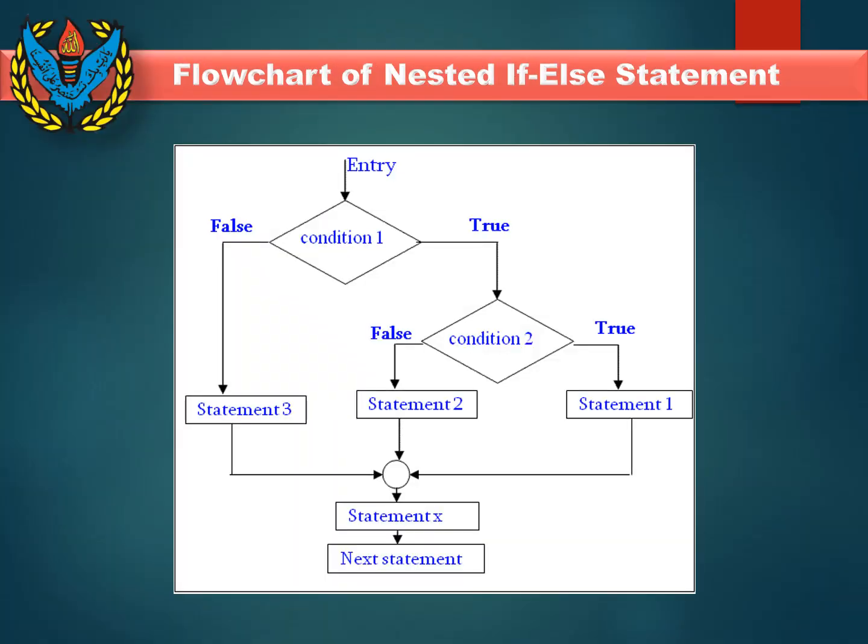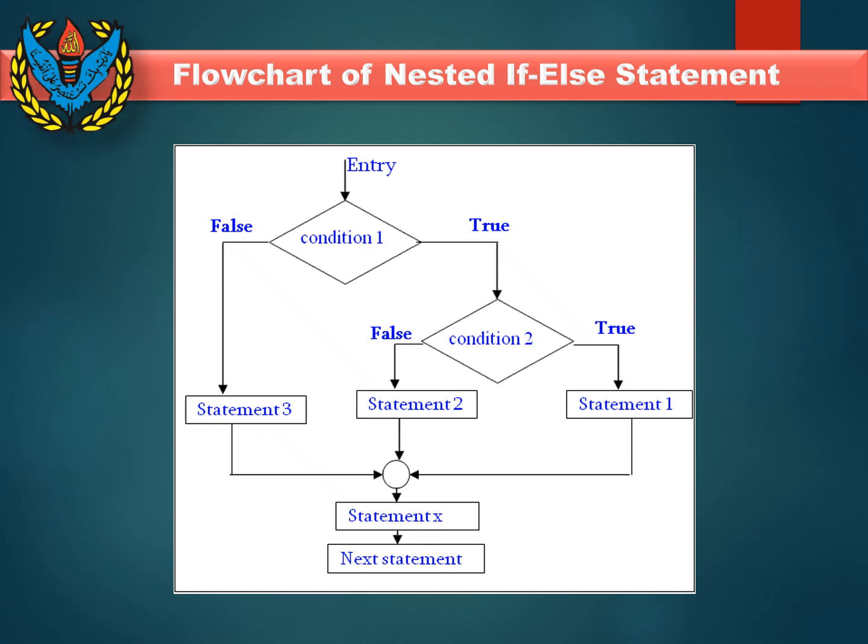But if we compare this simple structure with a nested if else statement, in a nested if else statement, an if statement is enclosed in another if statement. In this example, condition 1 is tested. If condition 1 is true, then condition 2 is tested.